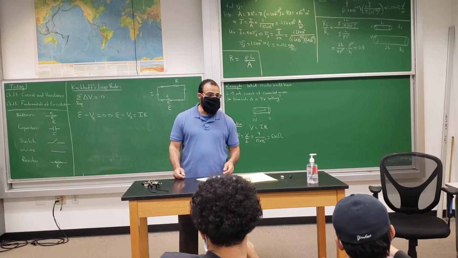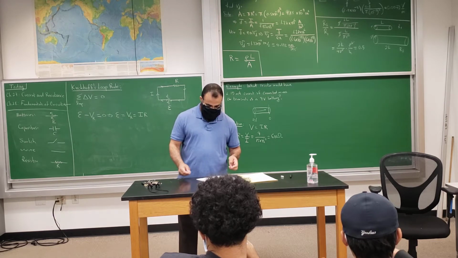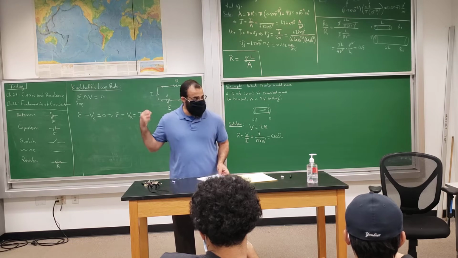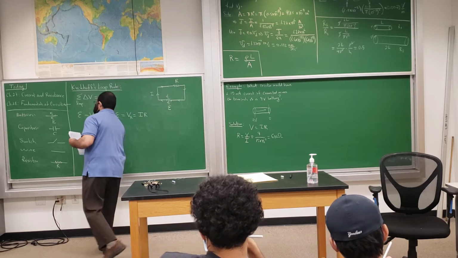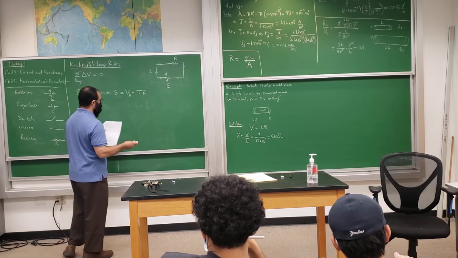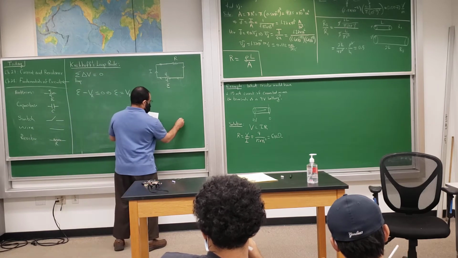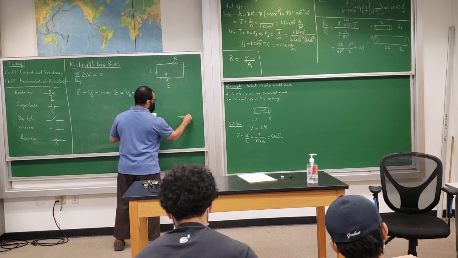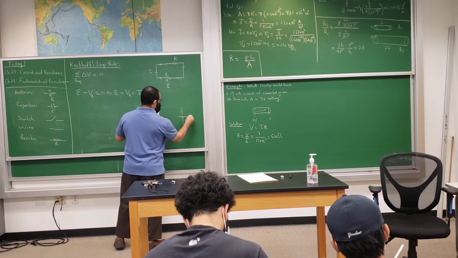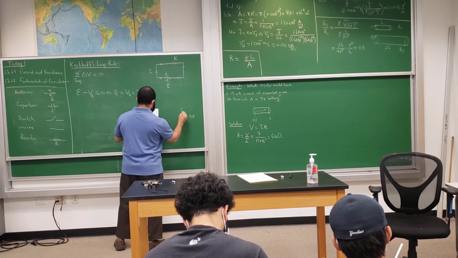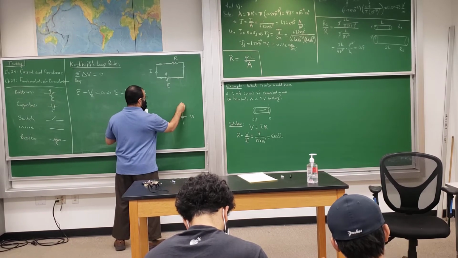Let's do a slightly more complicated circuit. Here is that circuit. It will use this same rule. And let's see if we can do it. I'll do series and parallel, but so let's say I have a battery here. It's 9 volts. Then I have a resistor here.